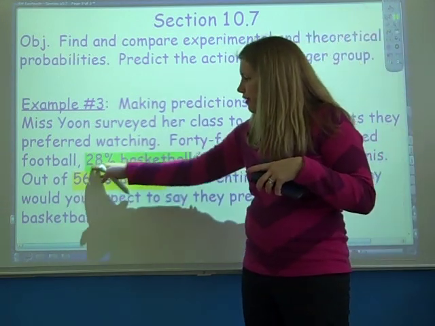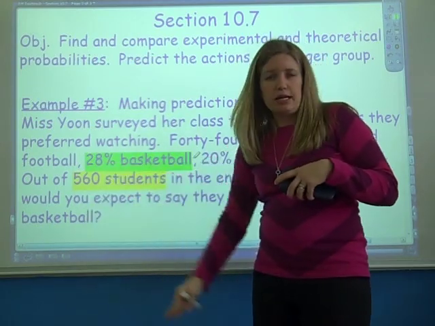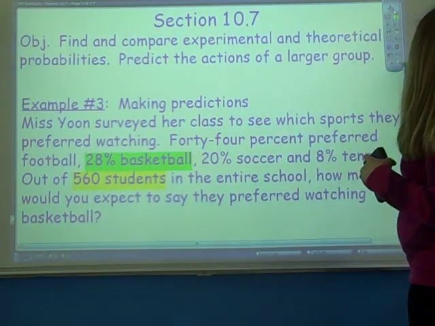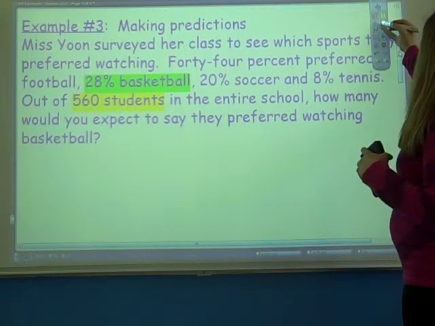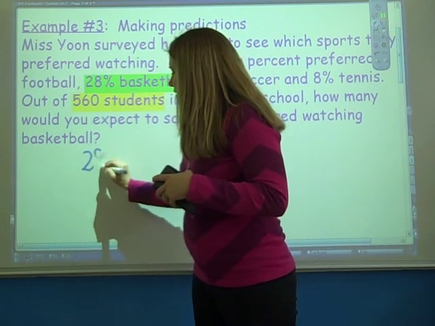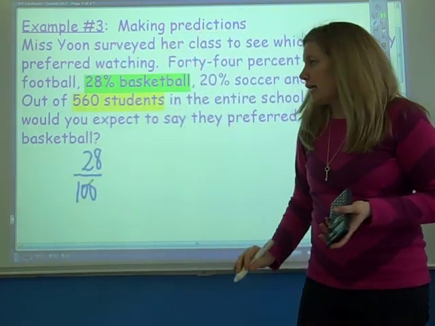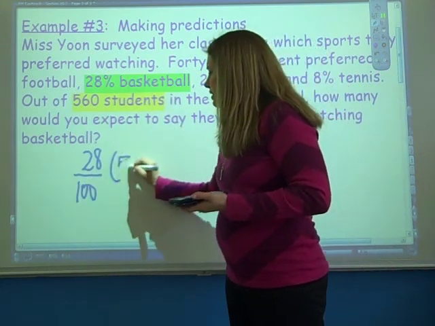So you take what you found in your experiment, and you're going to take that percent times the total. So we have 28%, 28 out of 100, or you can write 0.28, times our 560.